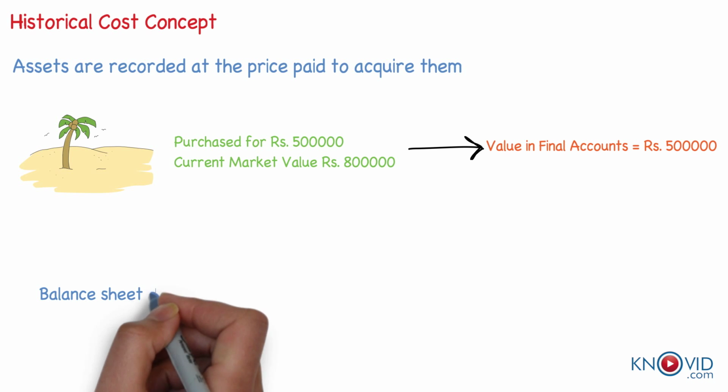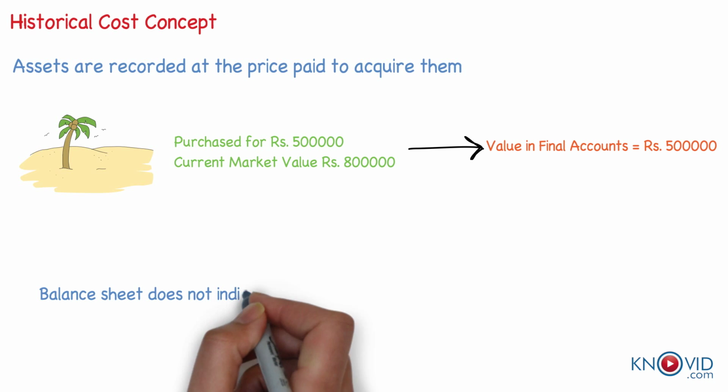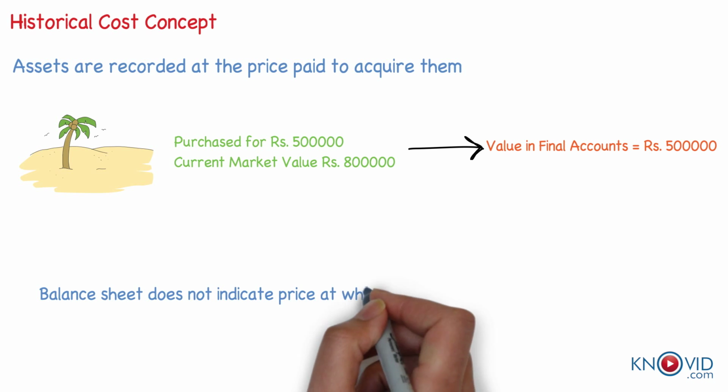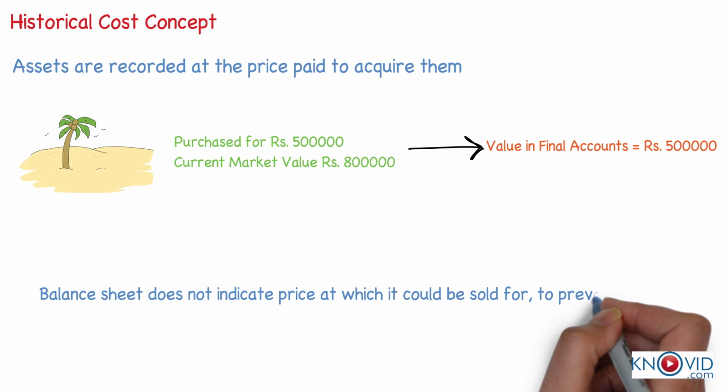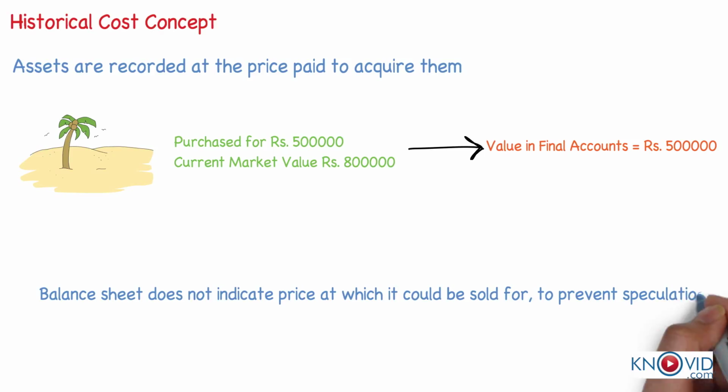Thus, the balance sheet does not indicate the price at which the asset could be sold for. This is done so as to prevent speculation and intended bloating of the balance sheet.